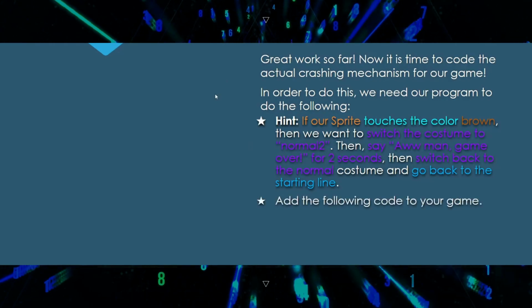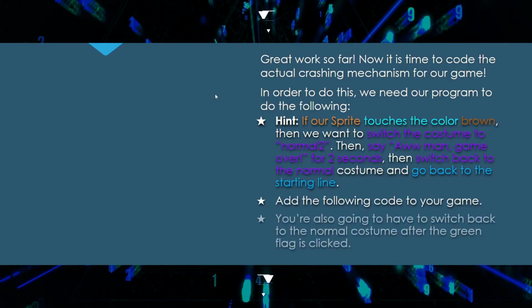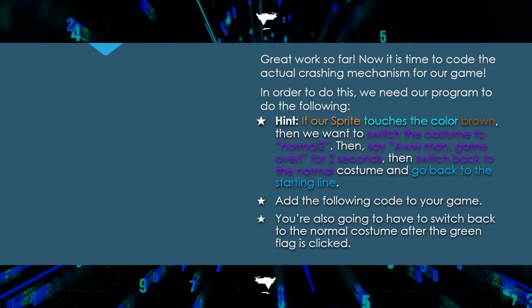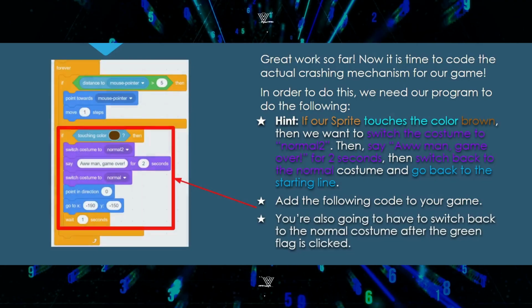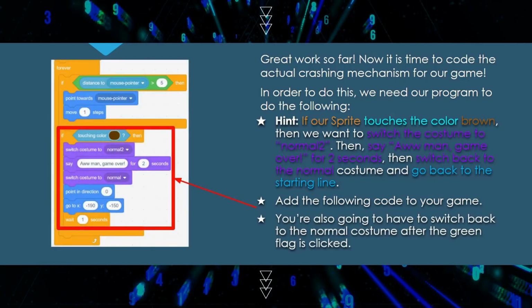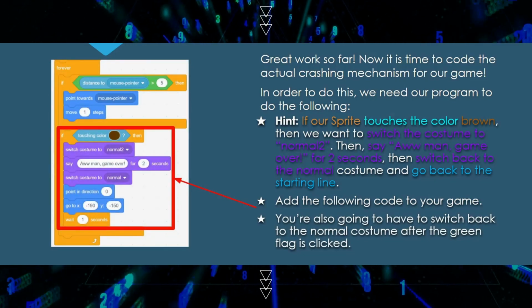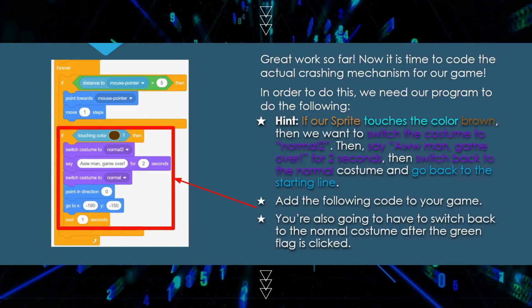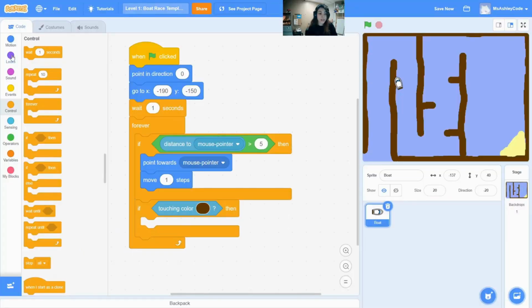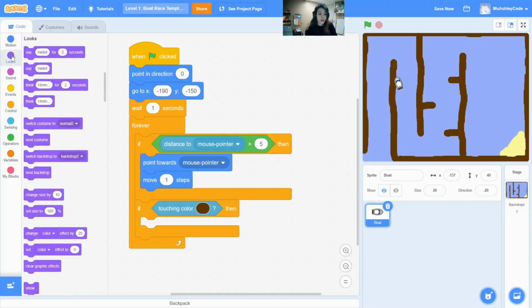So let's add the following code to your game. You're also going to have to switch back to the normal costume after the green flag is clicked. So let's switch to normal 2, say "Aw man, game over" for 2 seconds, and switch the costume back to normal. So let's go ahead and grab a looks category block to switch costume to normal 2.